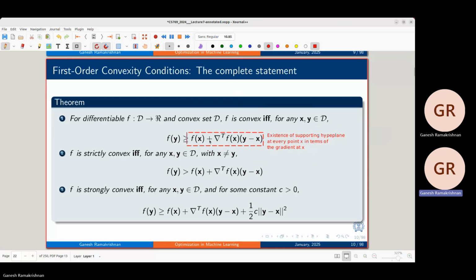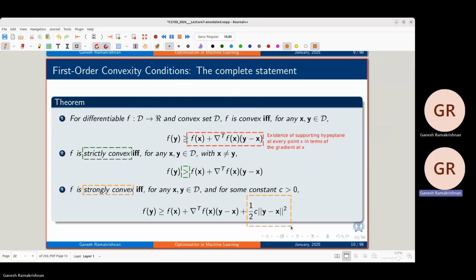Now it turns out this is an interesting equivalent definition for convexity. Likewise, you have an equivalent definition for strict convexity, which is this inequality just becoming a strict inequality. That's it, no other difference. In the case of strong convexity, you have a kind of gap between the hyperplane and the function.